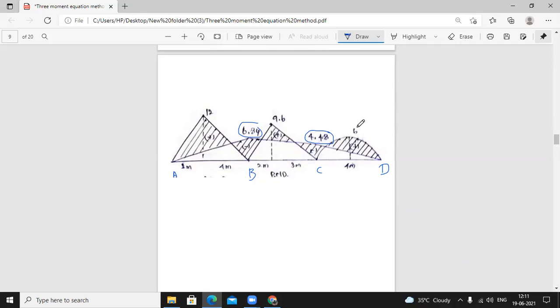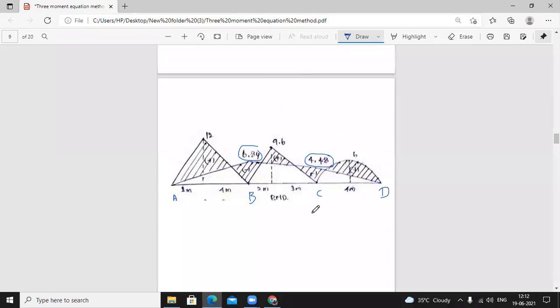So now hatch this portion, the net portion, that is your final net bending moment diagram. So first you have to calculate MB and MC and draw the support moment diagram. After that, you impose the simply supported bending moment diagram on that support moment diagram. That diagram we already found in the second step. The net hatched portion is the final bending moment diagram.